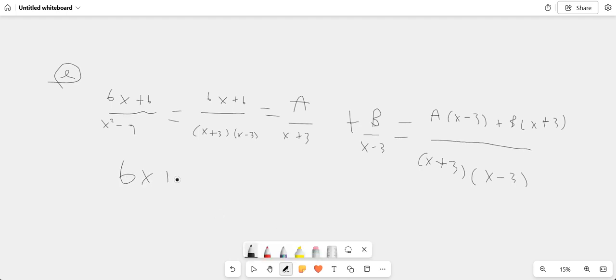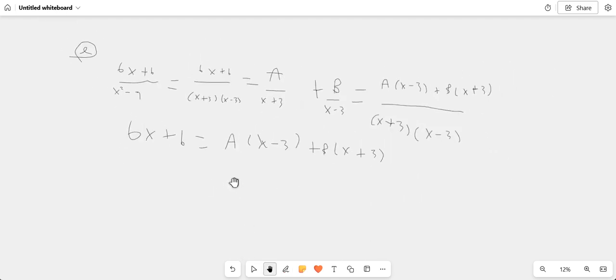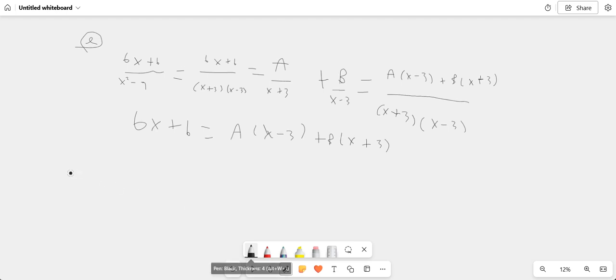So 6x plus 6 is equal to a open bracket x minus 3 plus b open bracket x plus 3, yeah. You can expand that. So 6x plus 6 is equal to ax minus 3a plus bx plus 3b.